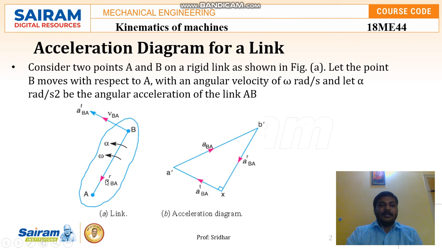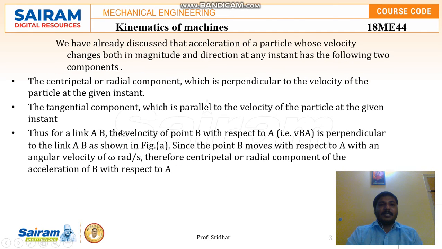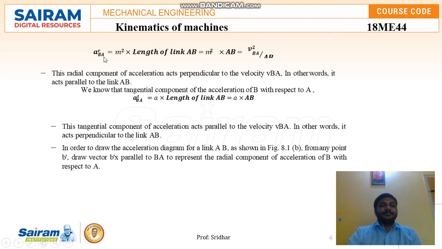Substituting, omega square into AB will be equal to the vector BA squared divided by AB. Based on this we can find both the radial component and the tangential component.